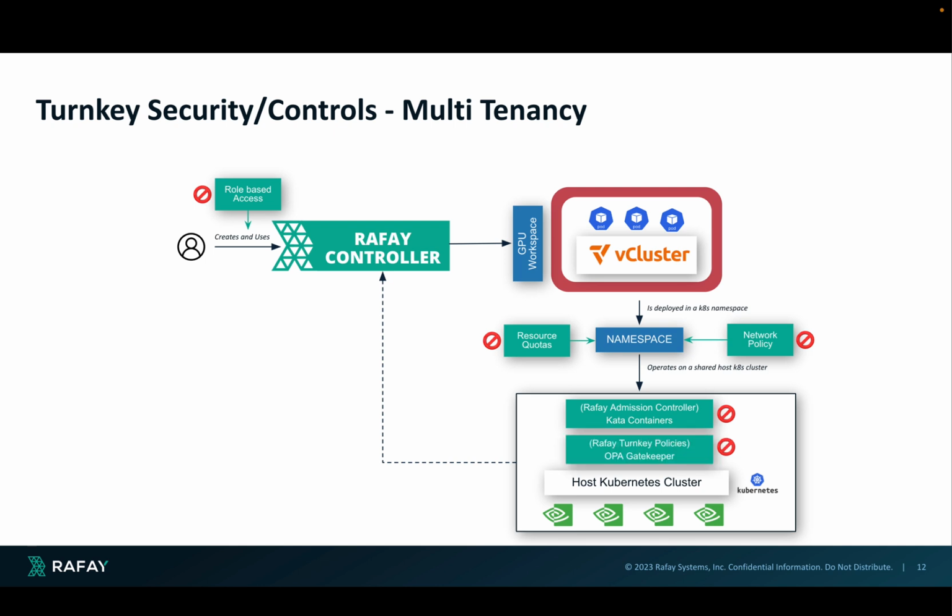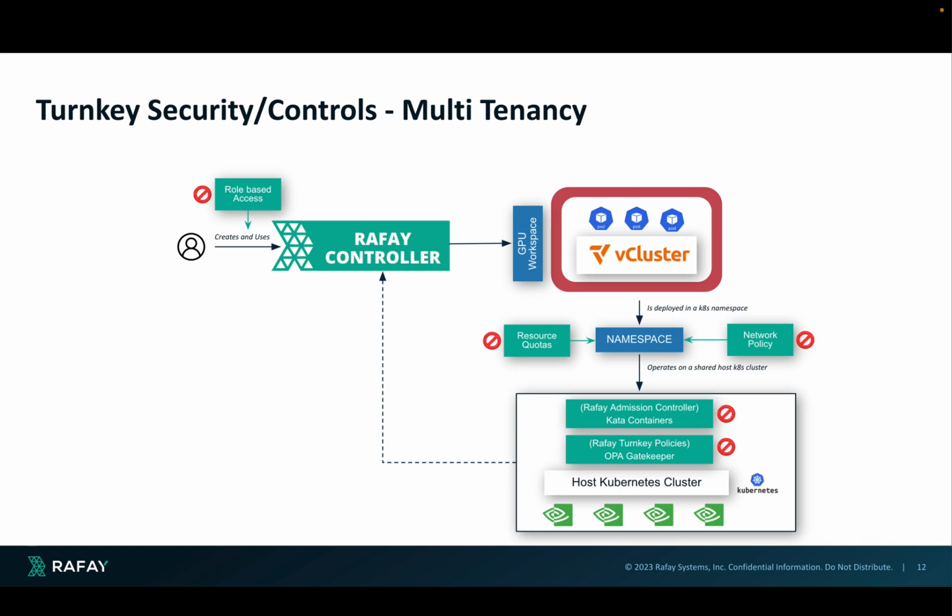Next, in the almost impossible situation where a container escape does happen, there are robust turnkey policies implemented and enforced at the host Kubernetes layer based on OPA Gatekeeper. And all audit logs from this are automatically streamed back to the Rafay controller.